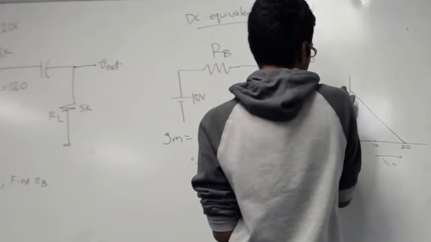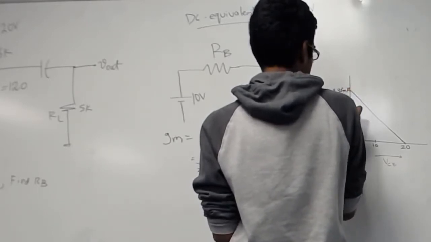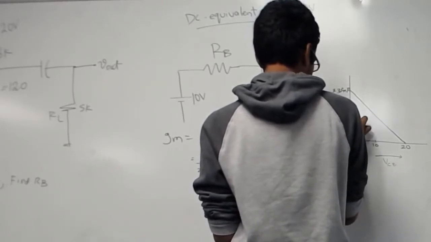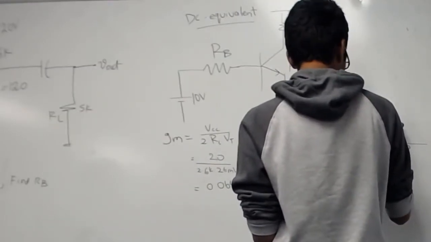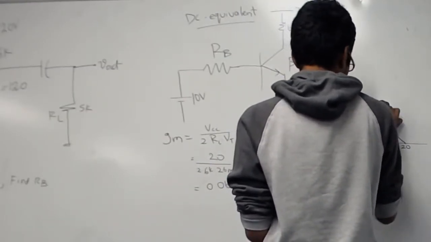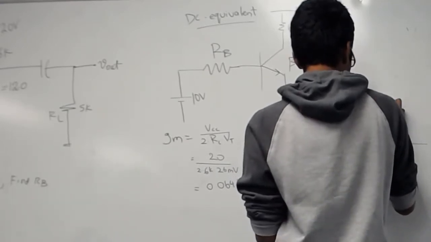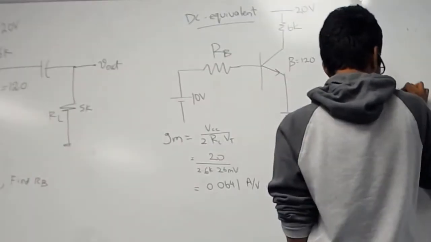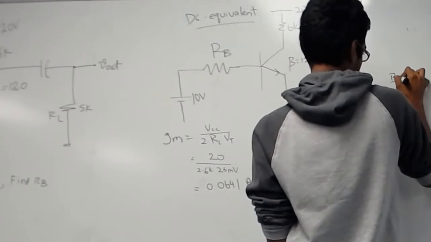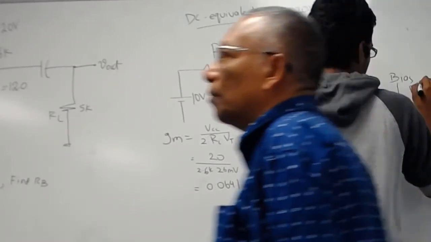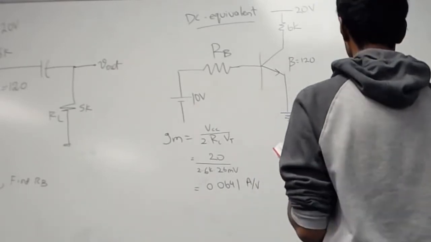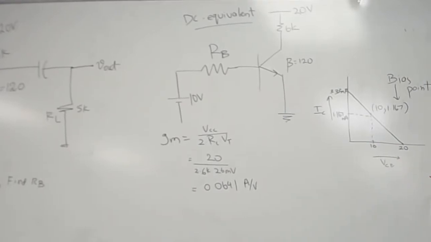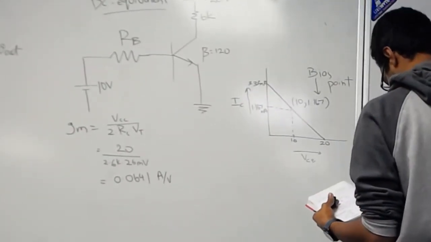Don't use formulas. Well, you should have written down the equation. DC equivalent. Write a bit larger, you know. Next one you draw, write a bit larger. Which is also equal to BTC over 2 times plus BT over 2 times.